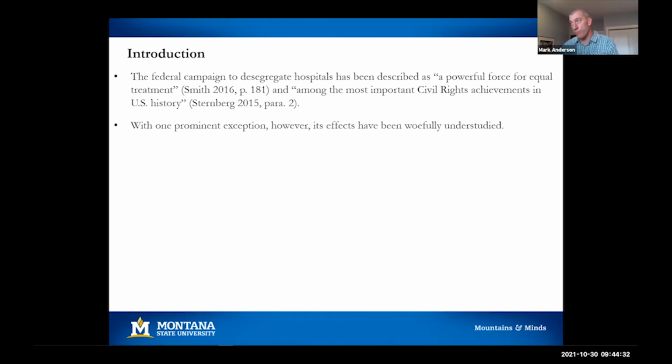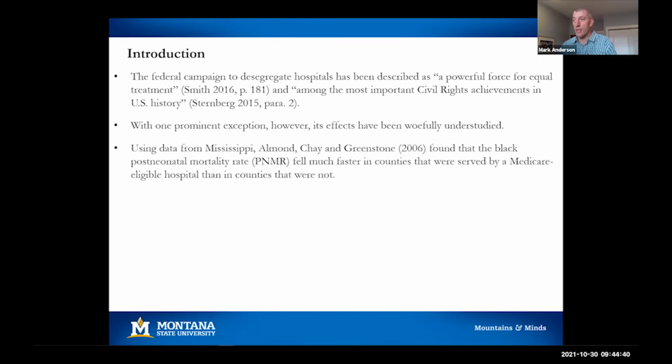Unlike school desegregation efforts, which have been studied a lot, hospital desegregation, not so much. There is one prominent exception, and this is a paper that I'm sure many of you are very familiar with.